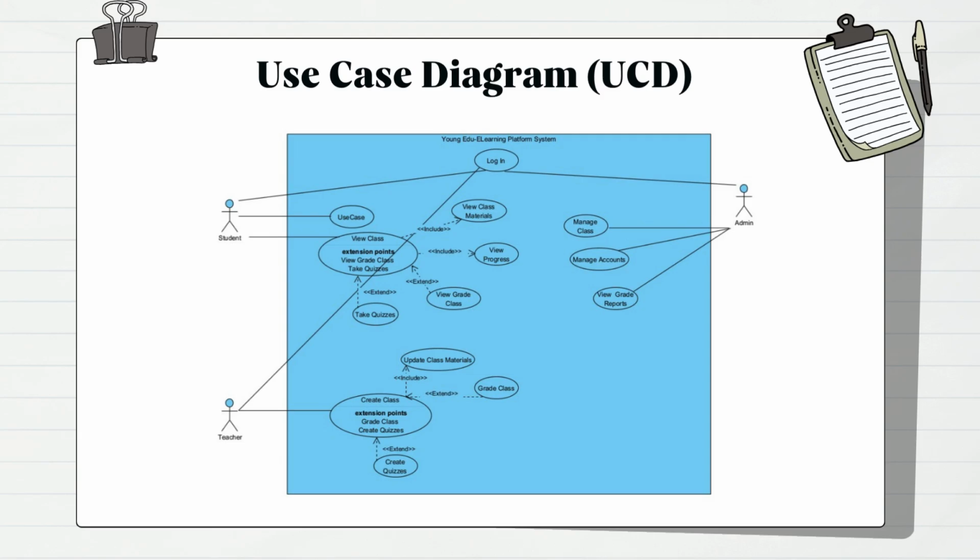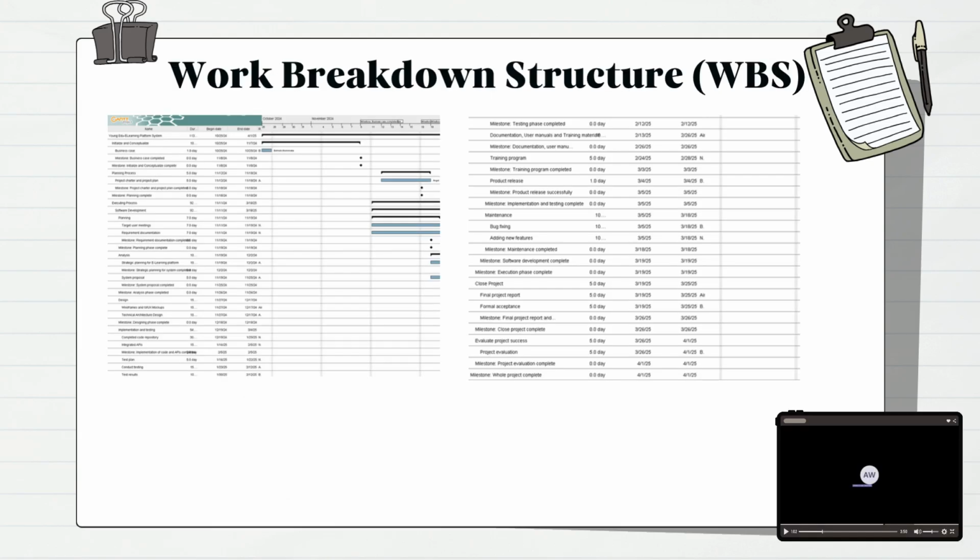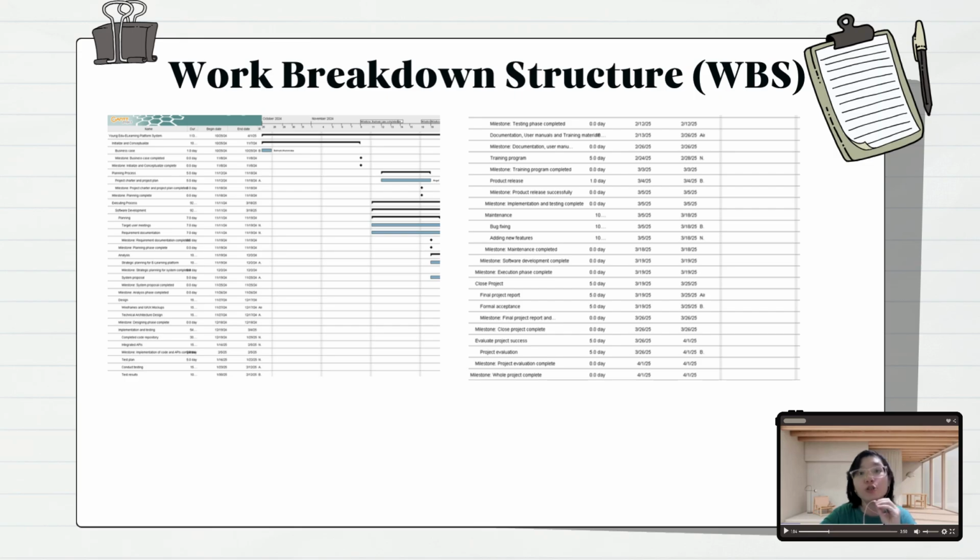The system operates under the assumption that administrators create accounts for all users, ensuring that only registered users can access its features. This structure highlights the system's efficiency in facilitating e-learning by organizing tasks and ensuring a seamless experience for all users.